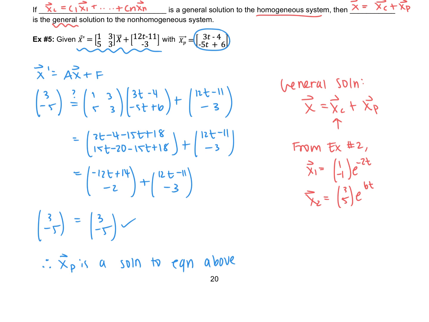In our second example, we looked at just this system right here. We looked at the homogeneous system. So the homogeneous system gave us these two solutions.